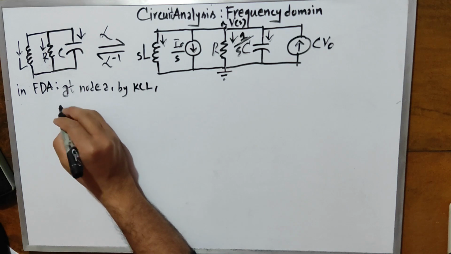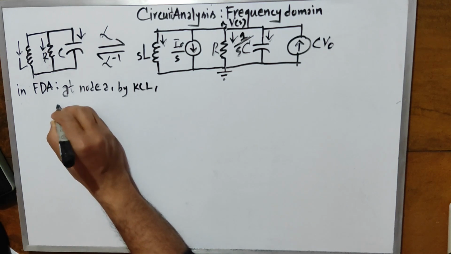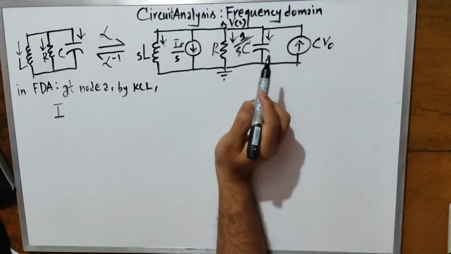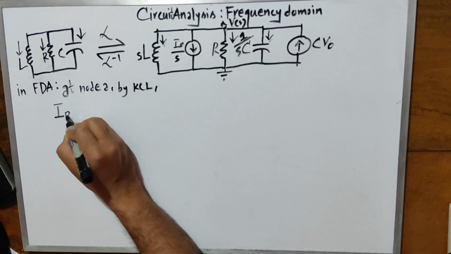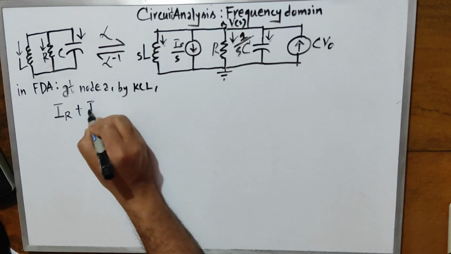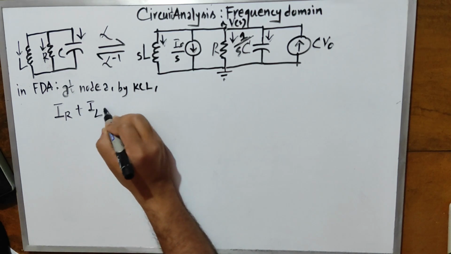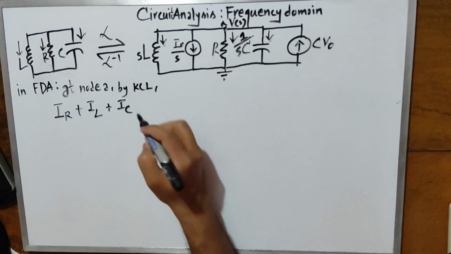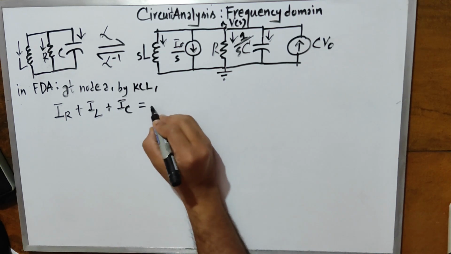It will look like, so the outgoing currents are IR plus IL plus IC. These are all in Laplace domain.